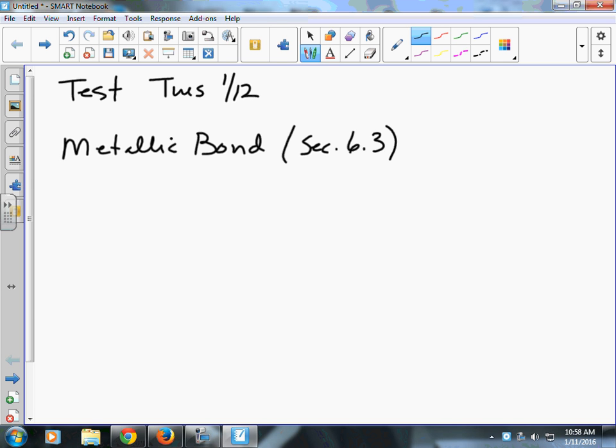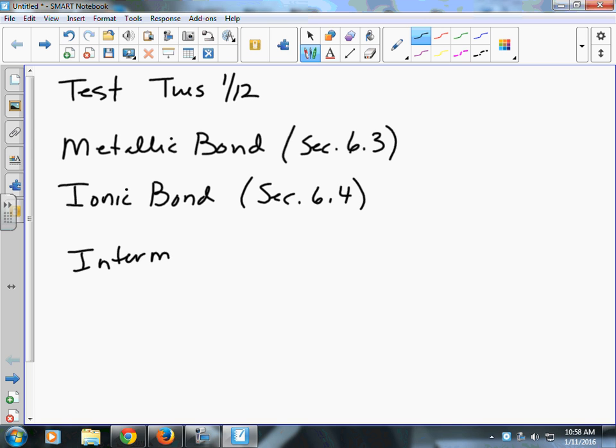Okay, let me give a list of what we're doing, and then we'll go through and we'll review. Ionic bond in section 6.4. Then there is a couple of things I want to add to this, we'll do in just a moment. And then intermolecular forces.